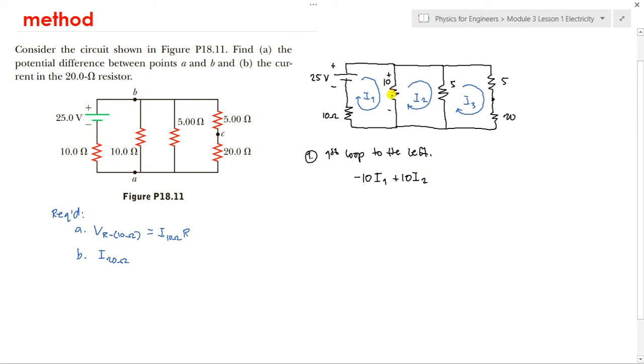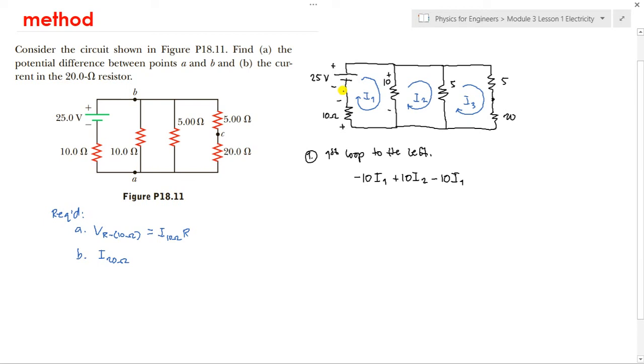Next, after the 10 ohm resistor, let's go to the other 10 ohm resistor on the left, closer to the battery. So here, this would be the positive terminal and then negative terminal. Since the direction is from positive to negative, we have a voltage drop, and only current I1 interacts with this resistor. So we have minus 10 I1.